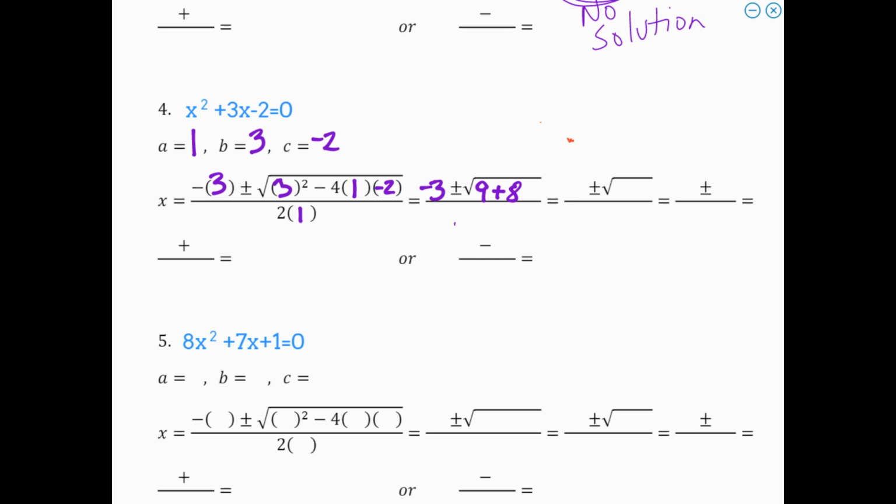Okay, 4 times 1 times -2 is -8, but I have that minus sign, so minus a negative becomes a positive, right? 2 times 1 on bottom is 2. So what changes in the next step? What's the only thing that simplifies more?